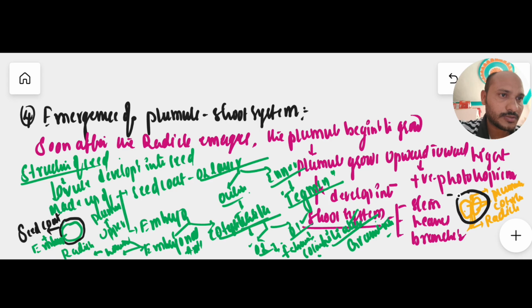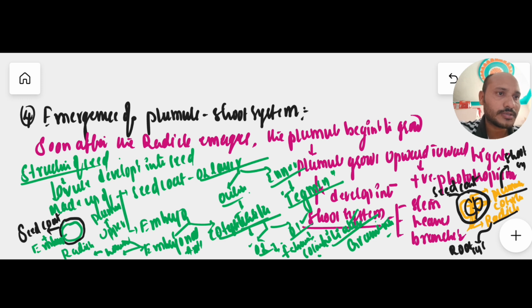See, this is the seed coat, and the rest of the structure inside the seed coat is called the embryo, which contains two parts: the embryonal axis and the cotyledons. The lower end of the embryonal axis contains the radicle, and the upper end contains the plumule. The plumule later develops into the shoot system, and the radicle later develops into the root system.